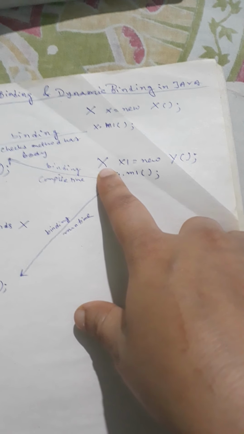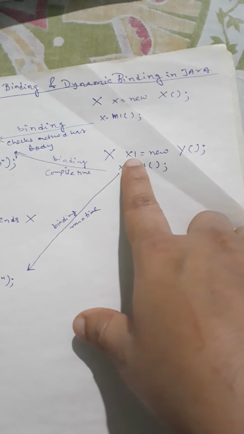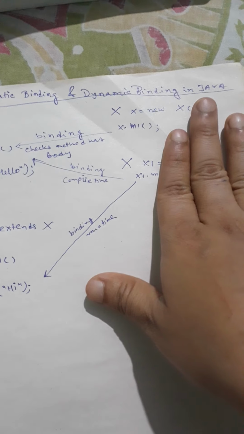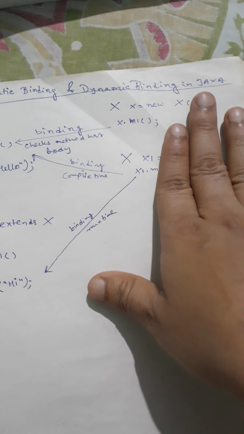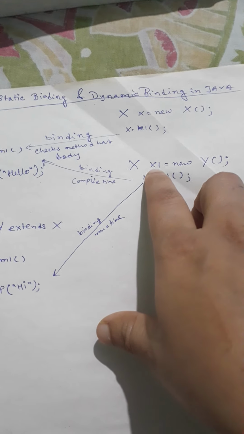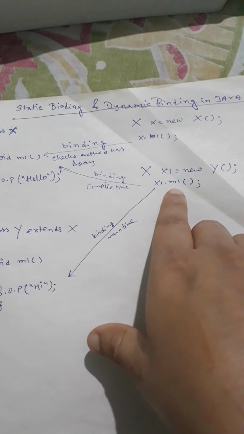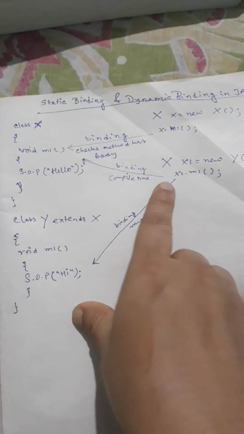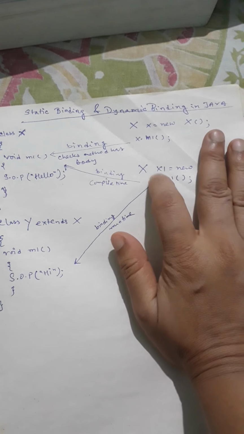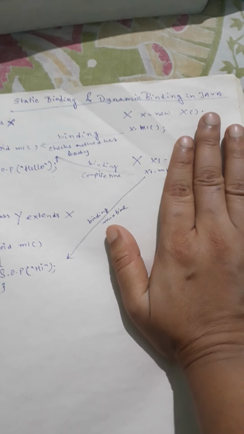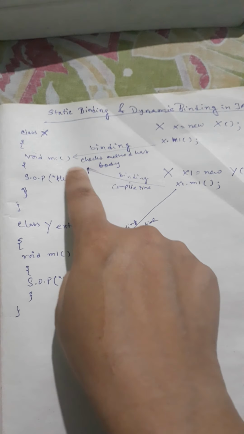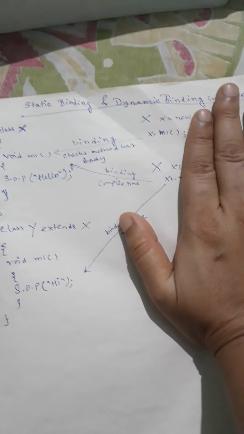When X is the superclass and x1 is the reference variable, before runtime it happens in compilation. So x1.m1 is the method of which class? X, because we don't know that this is the object of the Y constructor, so it will be bound at compile time, because we don't know before runtime.